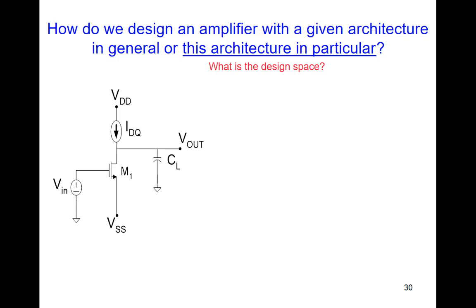Let me write down first of all what we have to do to completely uniquely characterize the circuit. If we know W and L and VSS and VDD and VQ, and CL, VNQ, VSS, and IDQ, we completely know everything about that circuit, right?